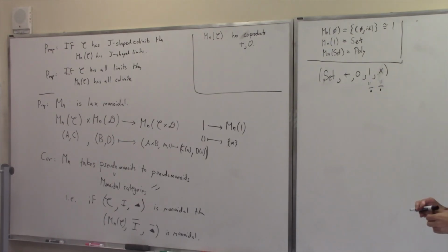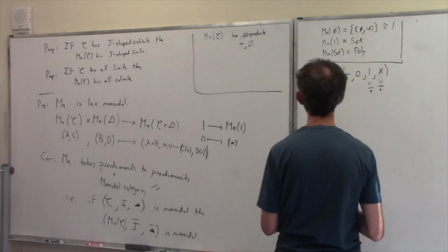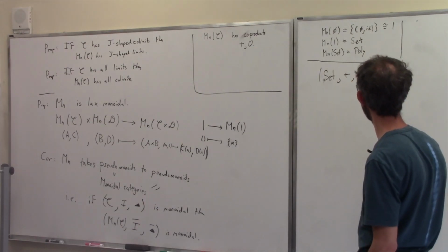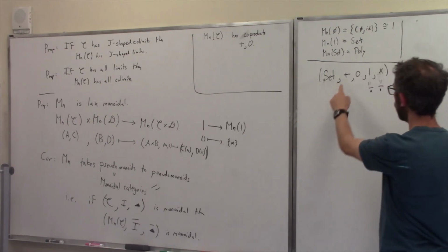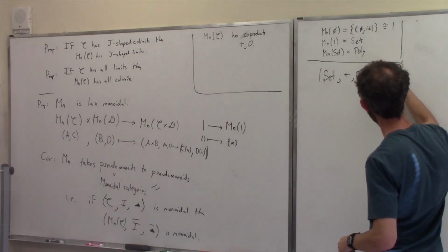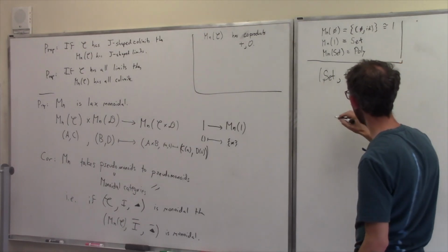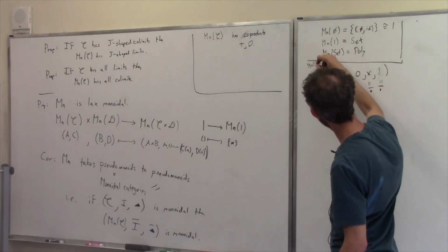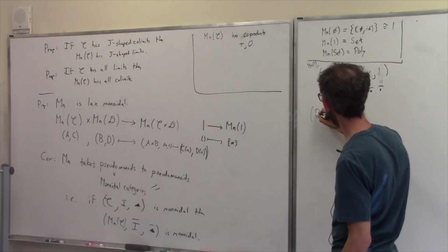Is that okay? 1 has a unique monoidal structure, and therefore those lift to menu 1, which is set. But now we have plus and times. And so menu of 1, so this is menu of set, which is poly.